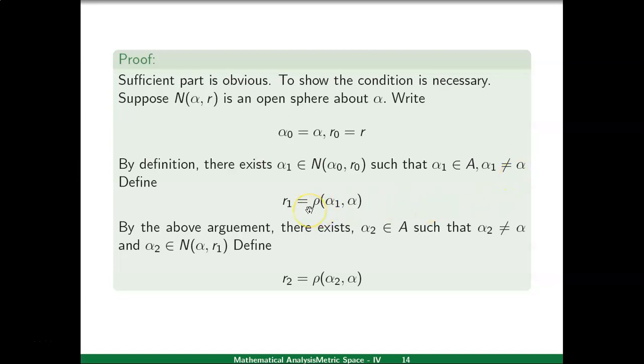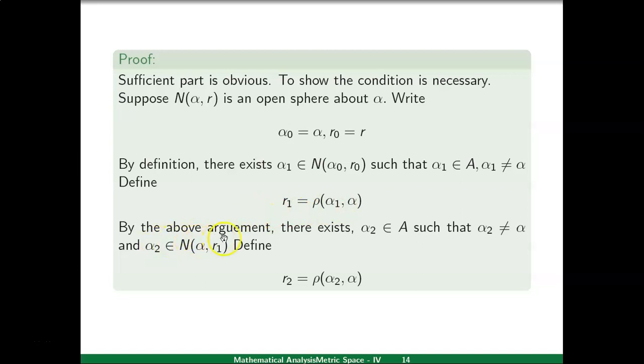Let us define R1 as rho(alpha 1, alpha), the distance of point alpha 1 from alpha.